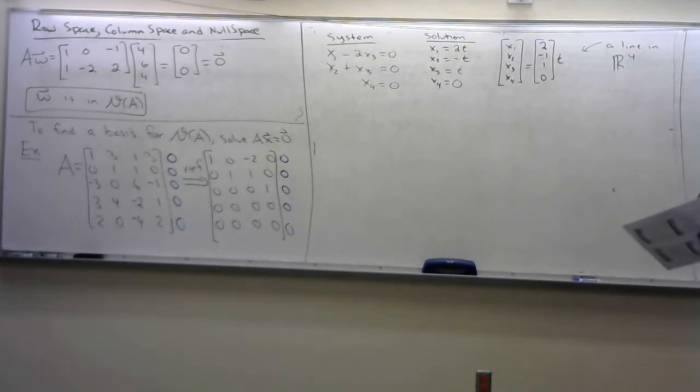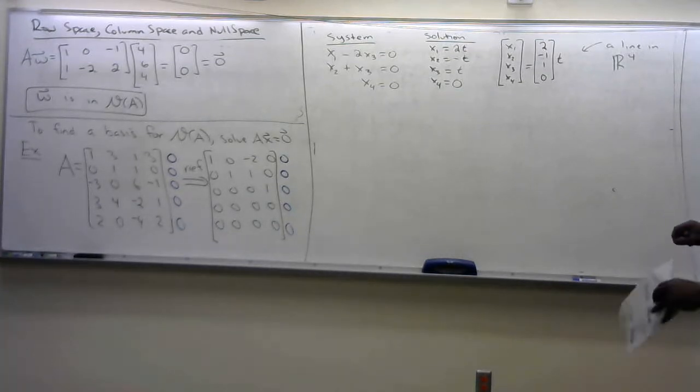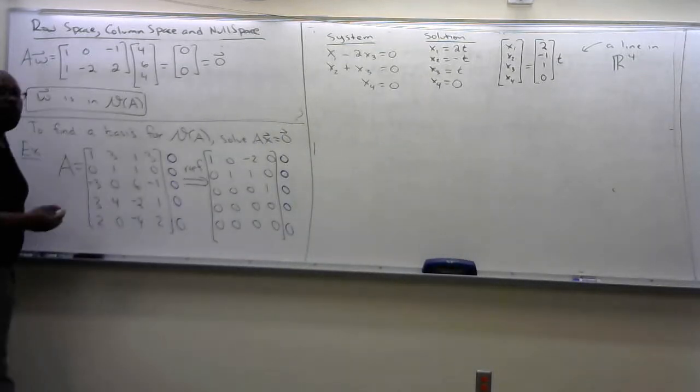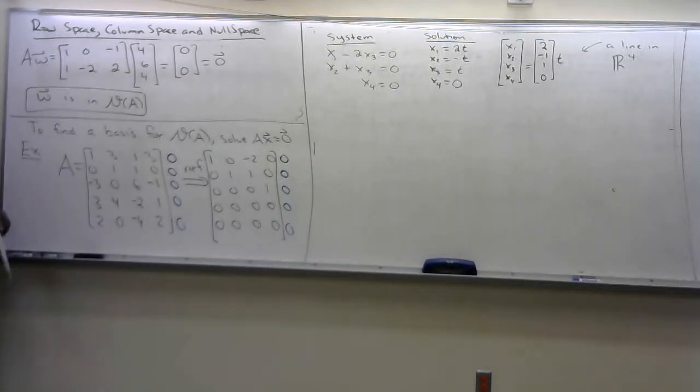I could plug any multiple of 2, negative 1, 1, 0, multiply that times my matrix A, and I get the 0 vector back. You should try it out for yourself. Take a multiple of 2, negative 1, 1, 0, multiply it times A, and every single time you're going to get 0 back.